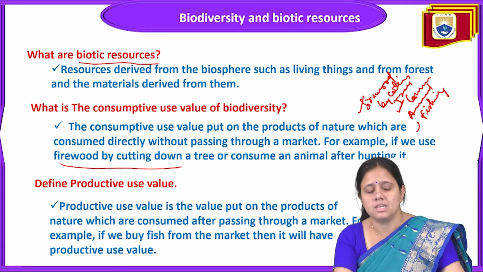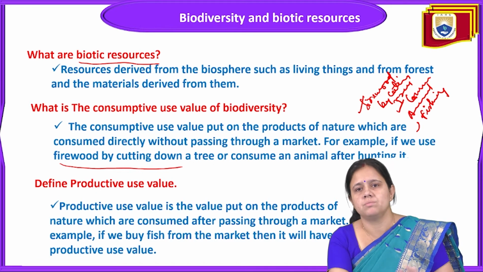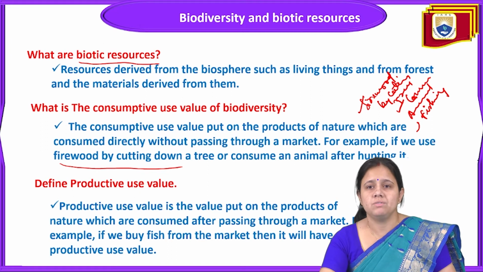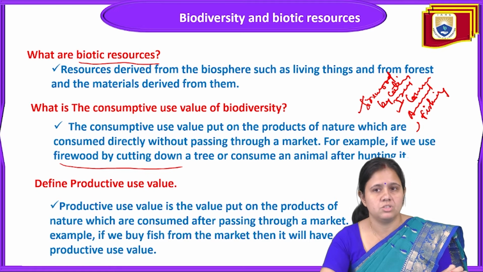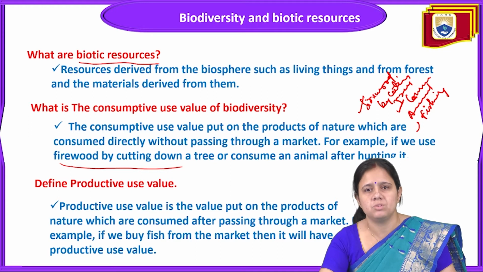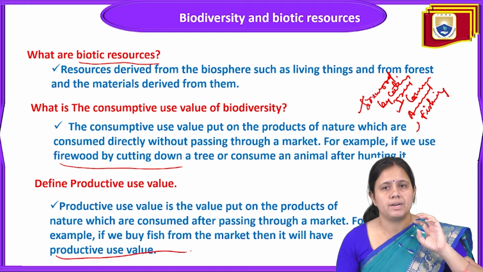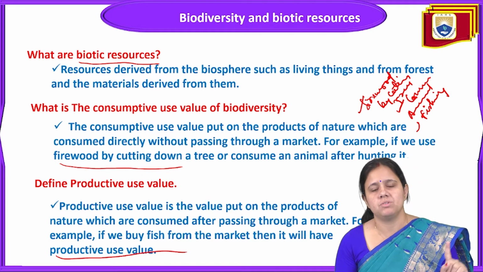And next is the question about define the productive use value of biodiversity. So productive use value is the value put on the products of nature which are consumed after passing through the market. For example, if we buy fish from the market, then it has a productive use value. Two types of value of biodiversity are there. First one is the consumptive use value.